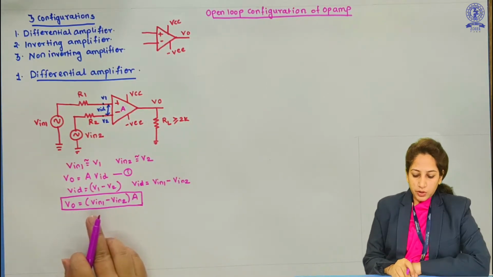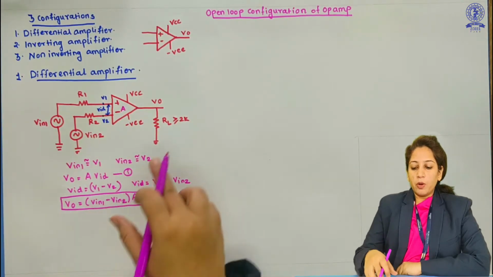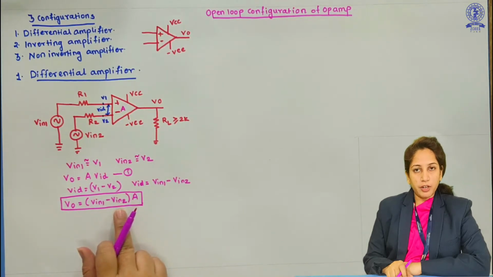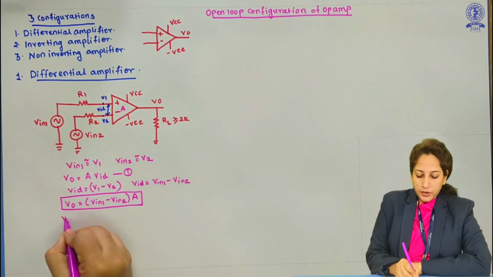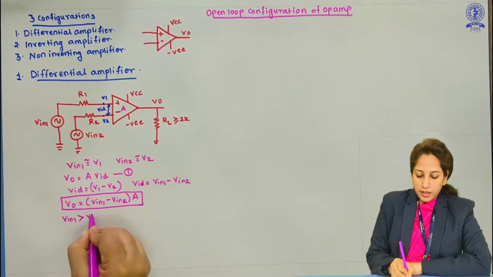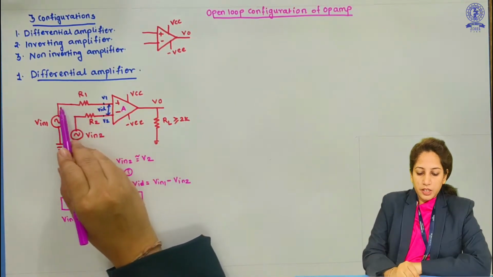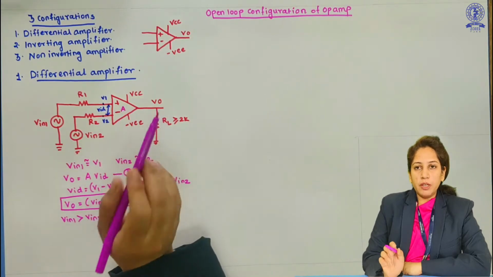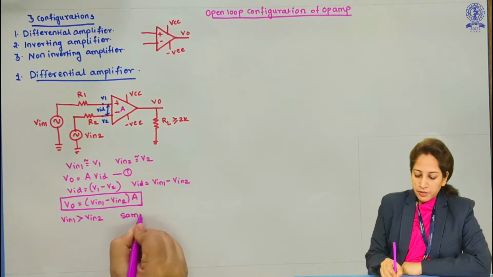Now the polarity, the basic thing in a differential amplifier, is polarity. So what will be the polarity of this output voltage? That will all depend upon Vin1 and Vin2. Suppose my Vin1 is greater than Vin2, that means the voltage on the non-inverting terminal is more. At that time my output will be in the same phase.